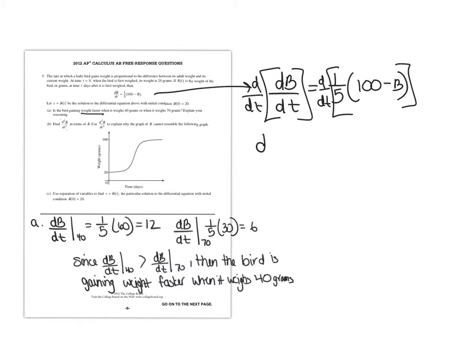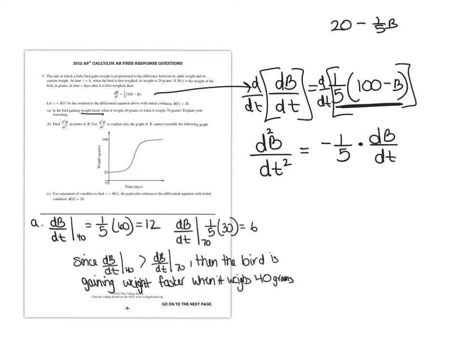So on the left side, that's where we get the d2B, our second derivative of B with respect to time, which will equal, if you look here, the derivative of this, you can even think about it as distributing that 1/5 through, so it's the same thing as 20 minus 1/5 B. That's going to leave us with negative 1/5 times, since this is with respect to t and the variables don't match, you have to use chain rule, times the derivative of B with respect to t.